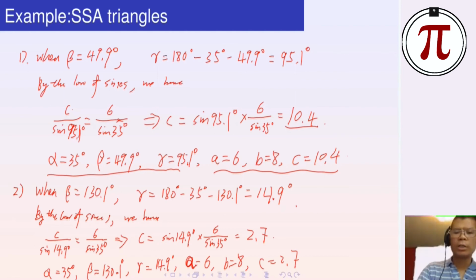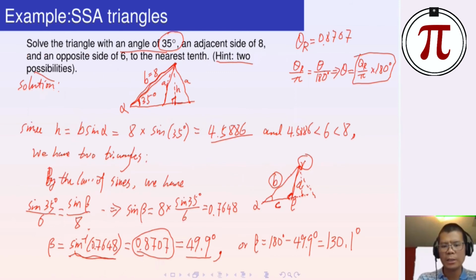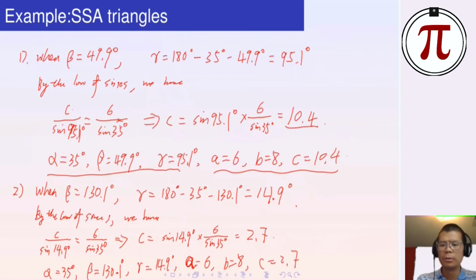So now you will see these are two different cases, as we can see. Case 1 will be the one like this. Case 2 is going to be the one like something like this, right?